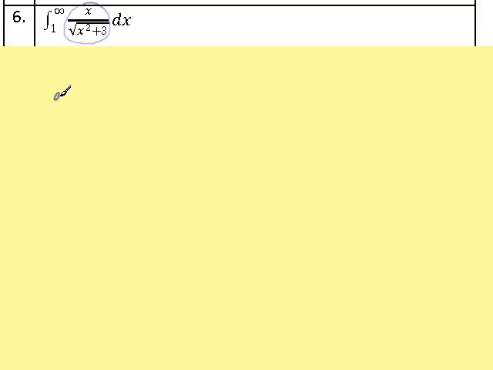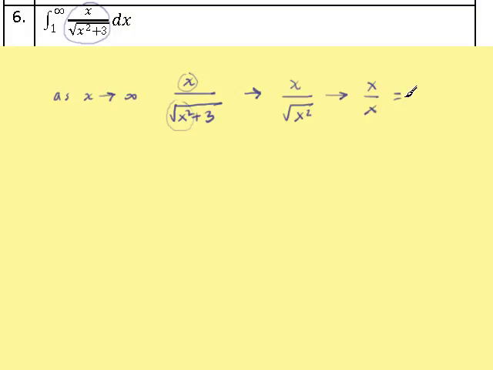As x goes to infinity, the integrand x over the square root of x squared plus 3 is going to act like x over the square root of x squared. We just take the higher order terms to figure out end behavior, and that's x over x, which is 1.